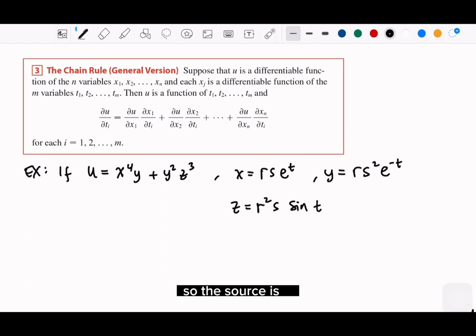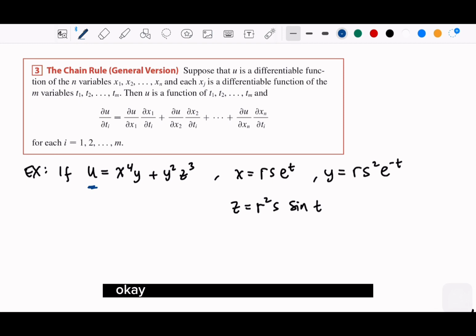And here we consider x, y, z as part of the branches. So the source is u, right? The source is u. Okay. So you have three variables x, y, z. So we can just draw the diagram. Okay. It can be really complicated, but as long as you define and relate all the functions, you can get into the chain rule. So first is u, and then x, and then y, and then z, right?